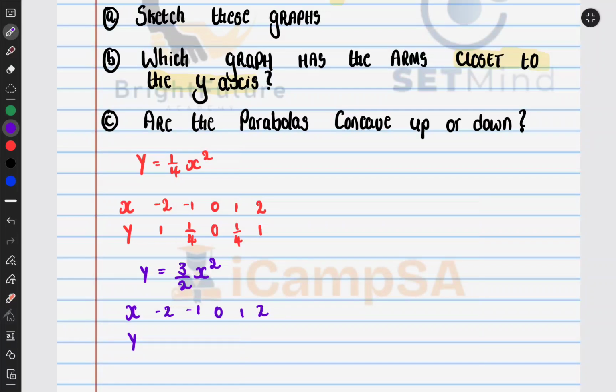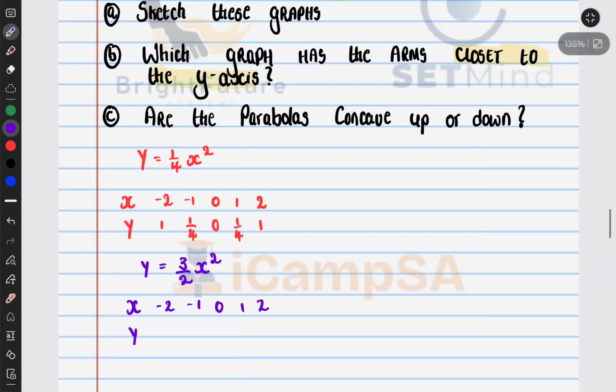The y values are gonna be 3/2 multiplied by -2 squared. This is 6, and then -1 will be 3/2, 0, and 3/2, and 6.